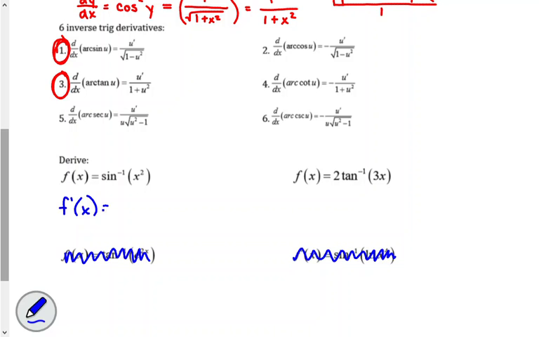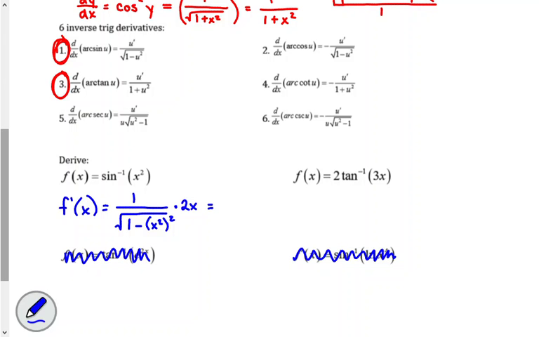You just need to know that the derivative of inverse sine is 1 over square root of 1 minus whatever's inside squared. So it's 1 minus, and the inside of inverse sine is x squared, so squared. Right. And then I have to multiply by the derivative of the inside function, so times 2x.